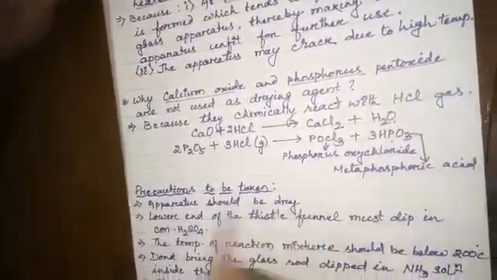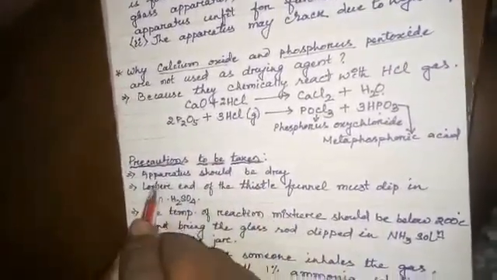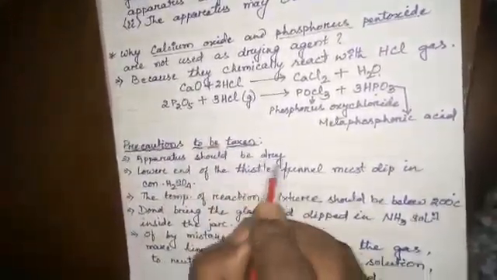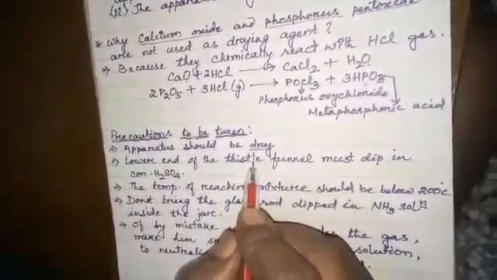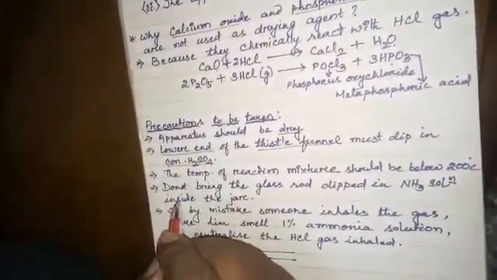Now certain precautions we should take during the preparation of HCl gas. The first point is that the apparatus should be dry; before the reaction we have to check. The lower end of the thistle funnel must dip in the concentrated H2SO4 in the round bottom flask.